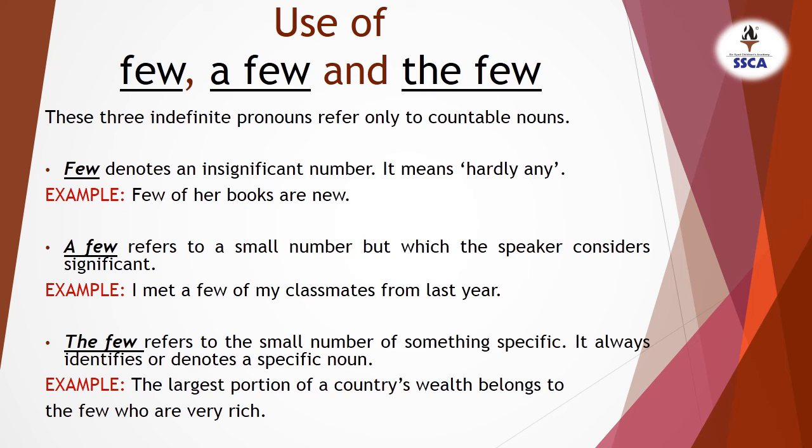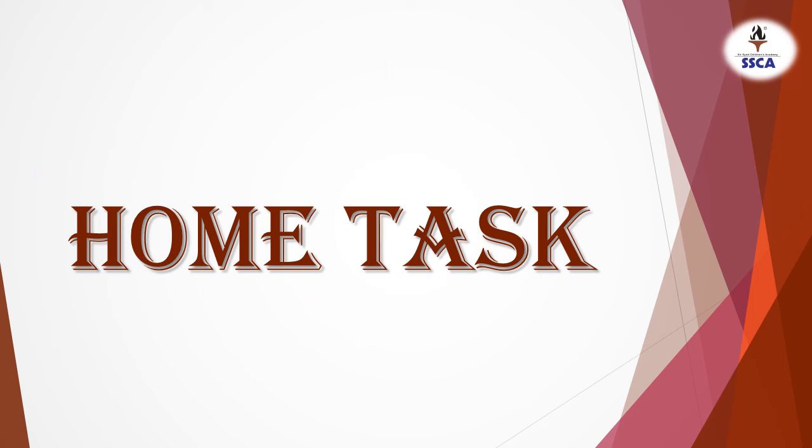Now let's talk about your home task. Well, to attempt the next exercises from your book, you first need to read the chart on page number 9 of your book in your chapter Pronouns.